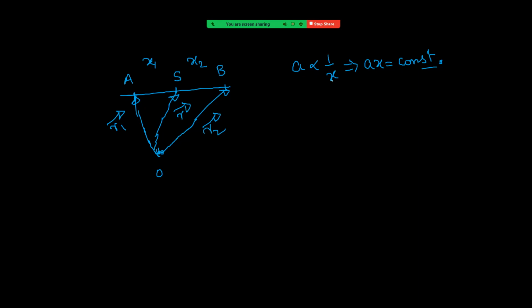That means A into distance should be constant. Okay. So from this, what I can do is, here, A1 x1 should be equal to A2 x2, right? How to get x1? This is now the question, right?